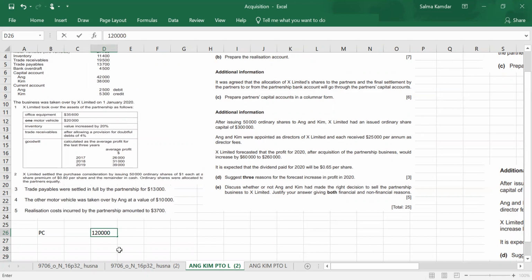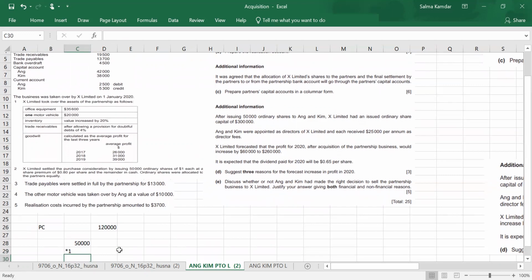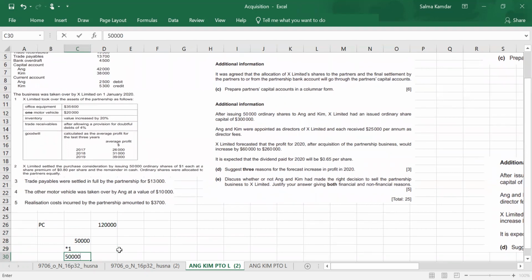This purchase consideration is discharged by giving 50,000 ordinary shares of $1 each. So ordinary share capital is 50,000, but it is given at a premium of 0.80 per share. So 50,000 into 0.80 becomes 40,000.